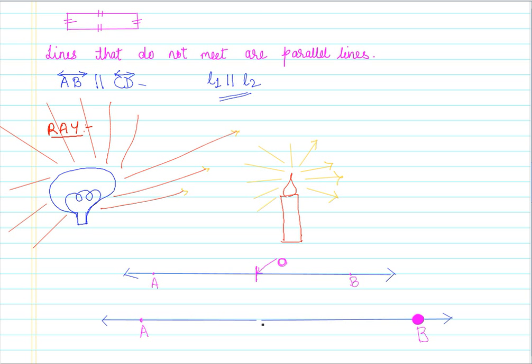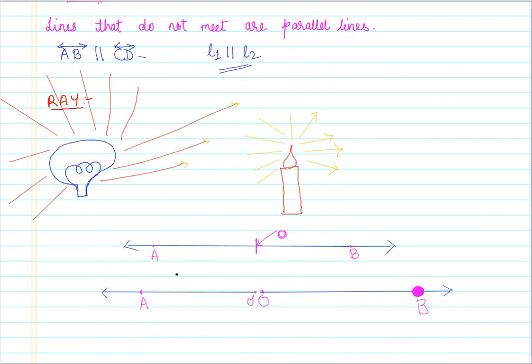And this is point O. Actually you can make this O dash because we have separated it, but at the moment, just for simplicity, assume that this is point O. So we have this portion of a line which starts from O and extends towards the right hand side in infinite direction. Similarly, we can call this point O tick, O dash. It starts from O dash and it extends towards the left hand side in infinite direction. So now this is what a ray is.